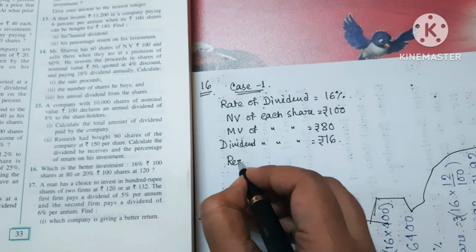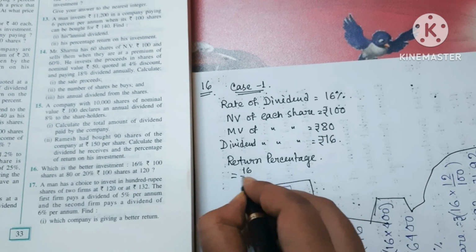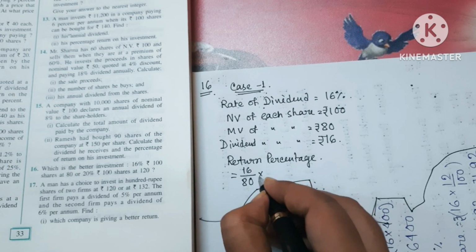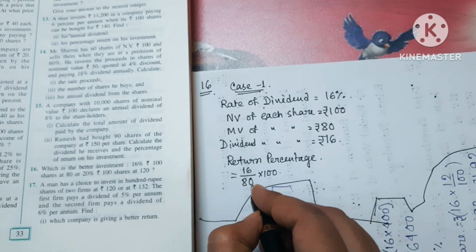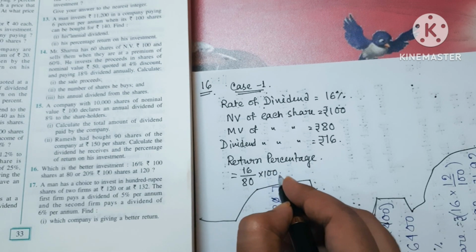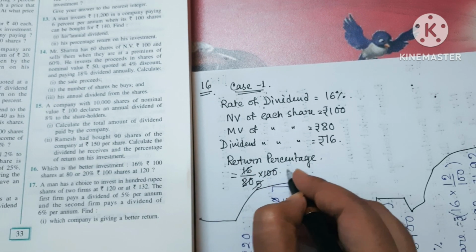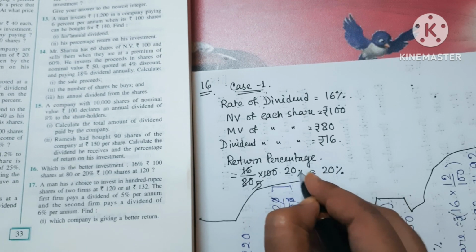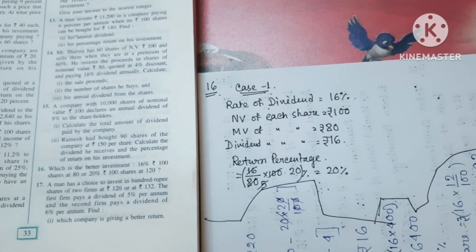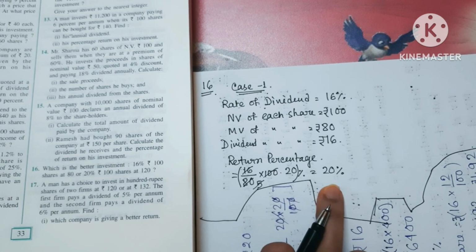So return percentage will be 16 by market value 80 into 100. Okay, 16, that is dividend per share, by market value per share into 100. Now 16, so 5, so 20%, return is 20%. Okay, in case 1, return percentage is 20%.